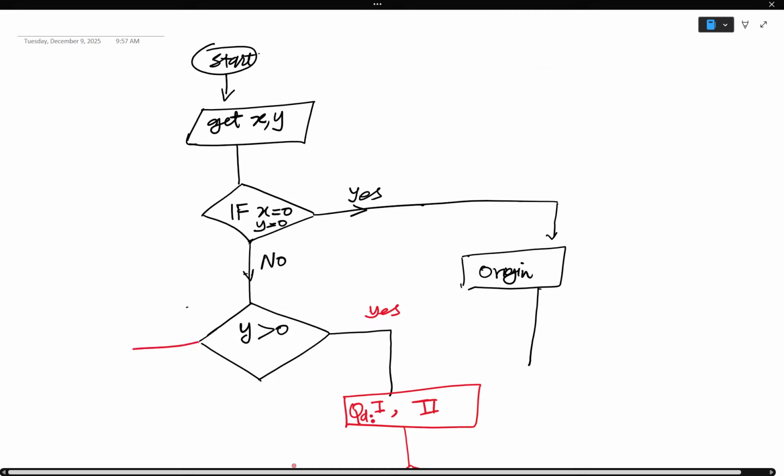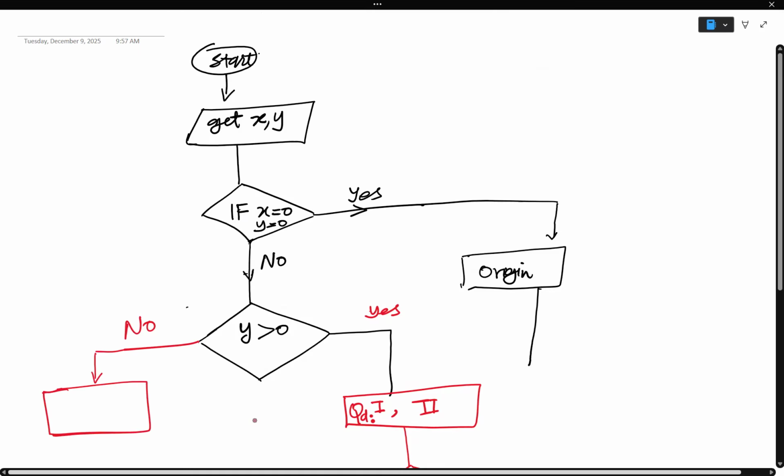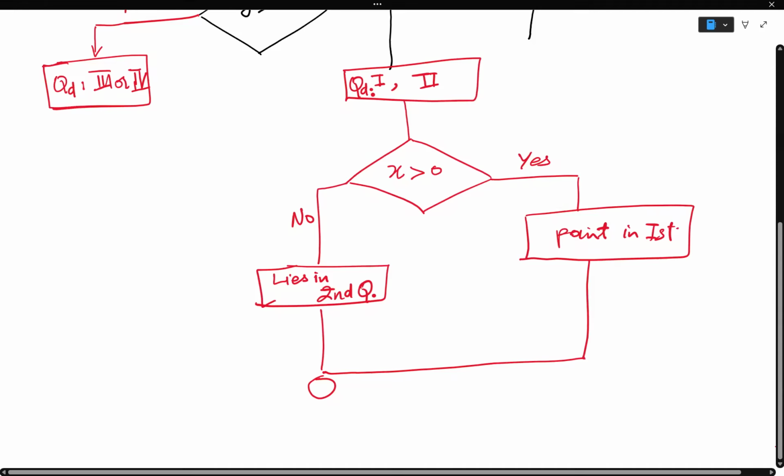If it is no, we have to build the other segment. Up to this point, we have the possibility in two quadrants, so here it is in the third or the fourth quadrant. The further decision will come from the value of x.